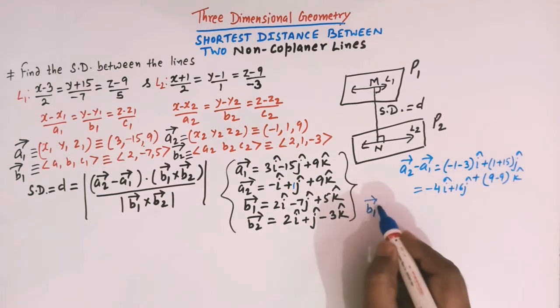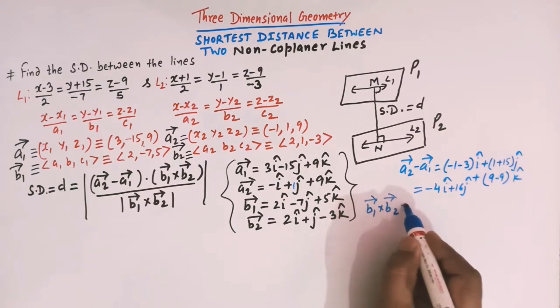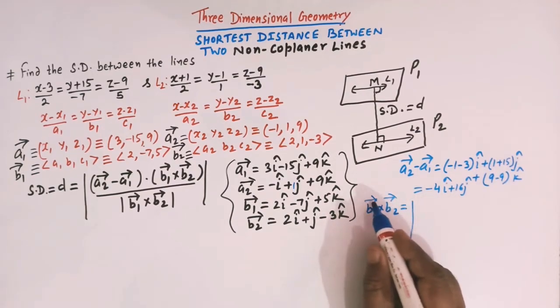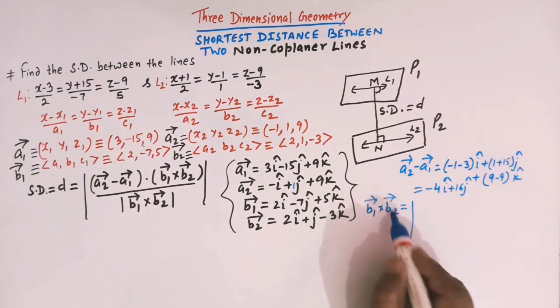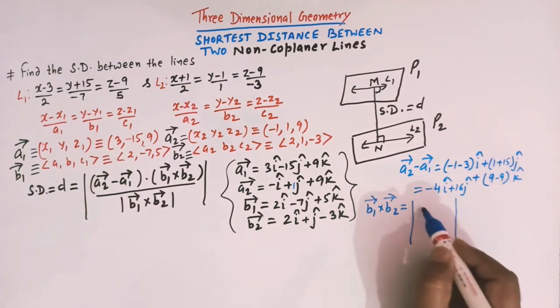And b1 cross b2, the vector product of vector b1 and vector b2, is given by this determinant.